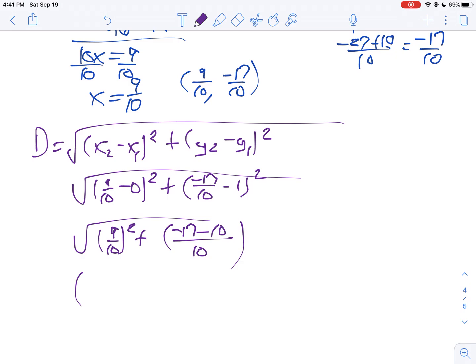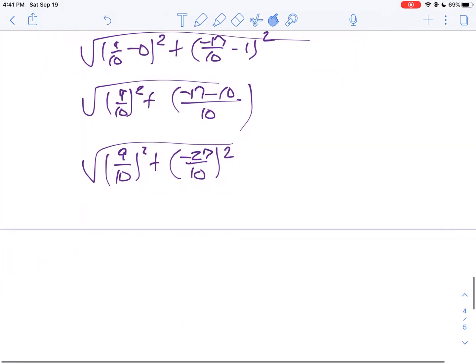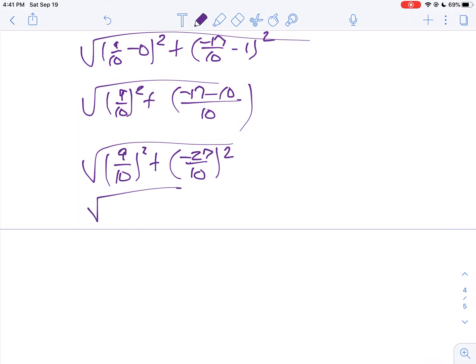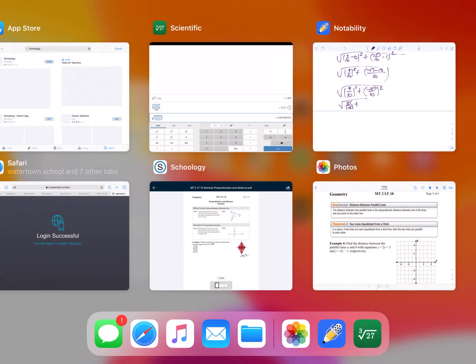So now let's get the square root of 9/10 squared plus negative 27 over 10 squared. Well, 9/10 squared is 81 over 100. 27 squared, let's use our calculator for that.